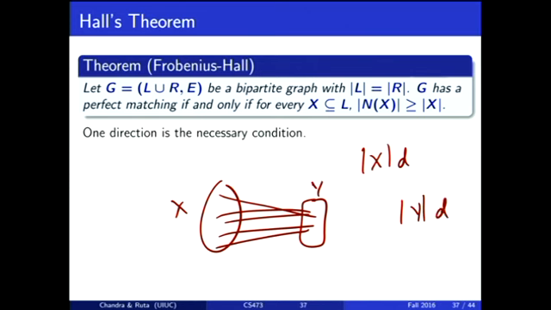But if the size of Y is less than X, then how is that possible? If Y is smaller than X, Y times D is smaller than X times D. But then we violate the degree condition. X times D edges are going into this, and Y is smaller than X, that means somebody should have degree more than D here.